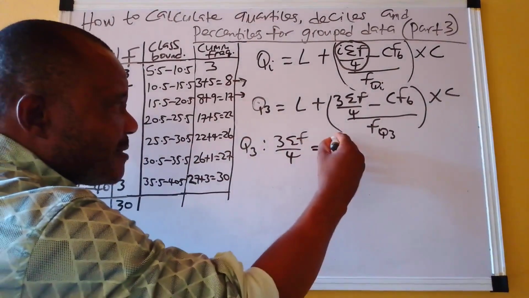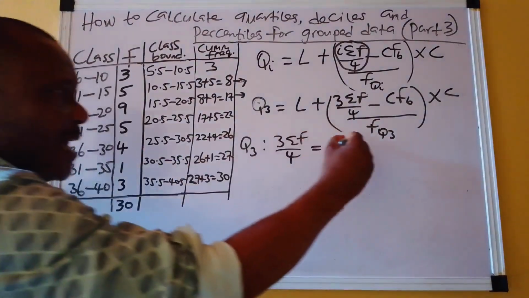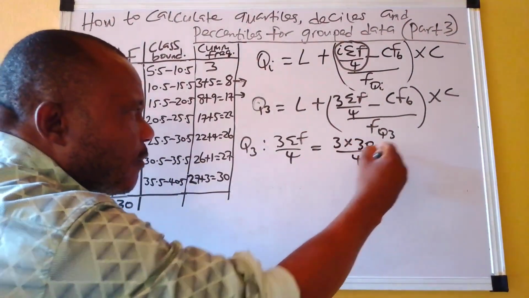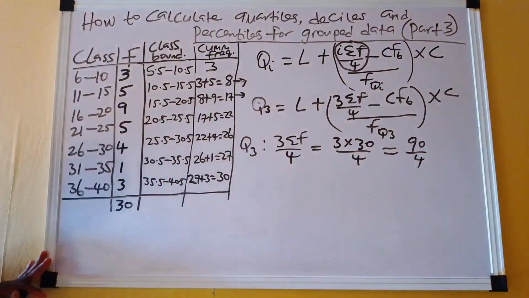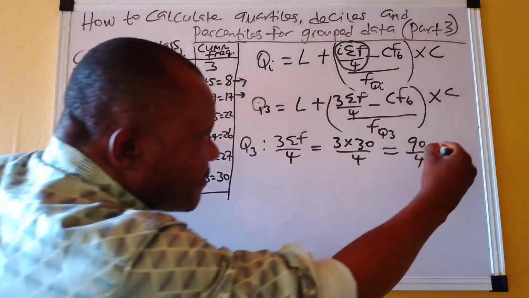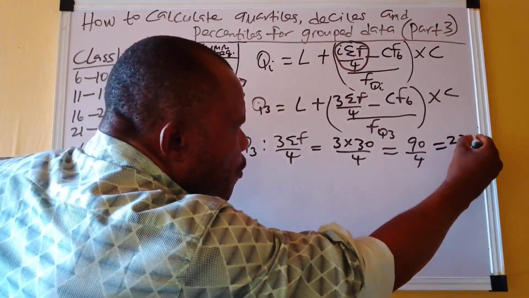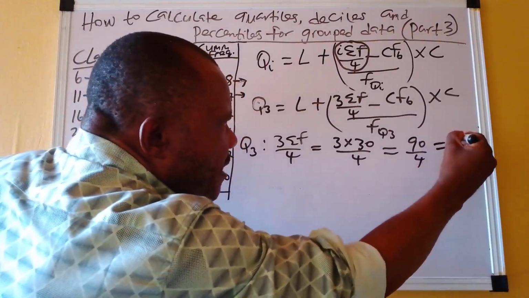So this is 3 times our summation F, which is 30, all over 4. That is equal to 90 over 4, which will now be equal to 22.5.